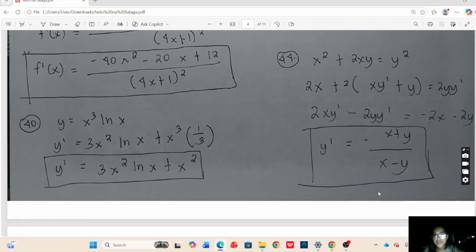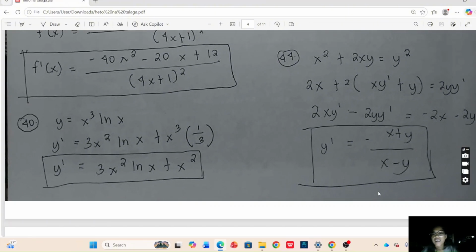And with our last problem, we have x squared plus 2xy is equal to y squared. So again, we have to apply the implicit differentiation. In applying the implicit differentiation, we should differentiate each term carefully.